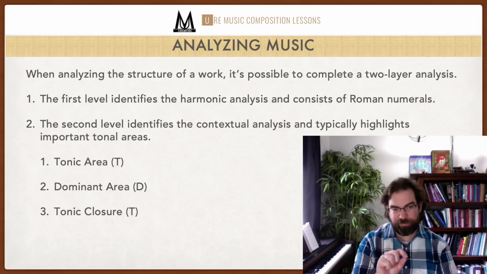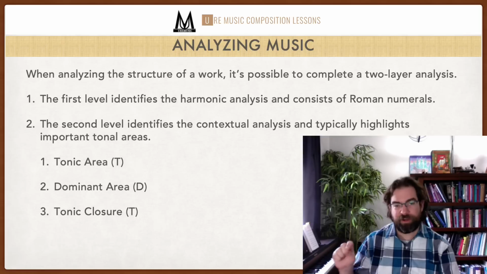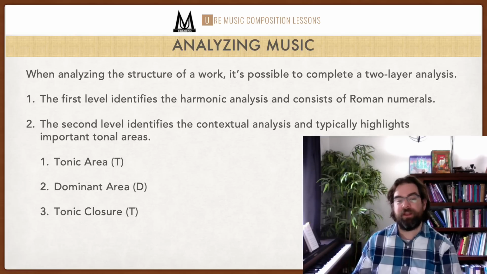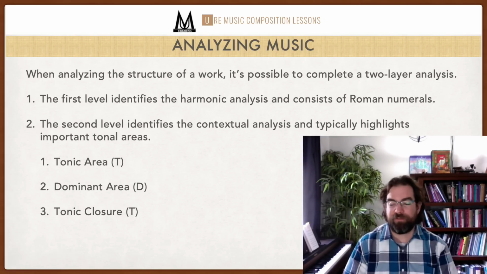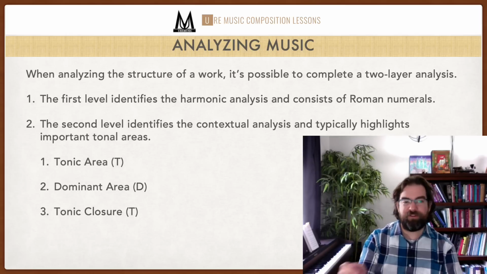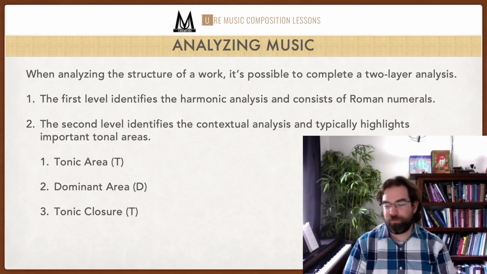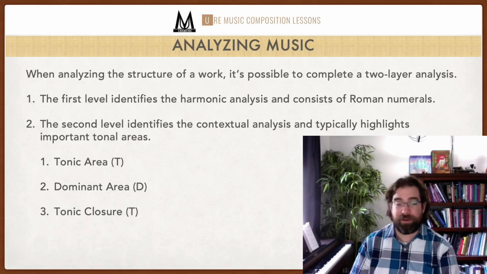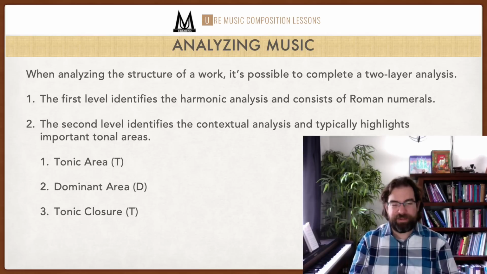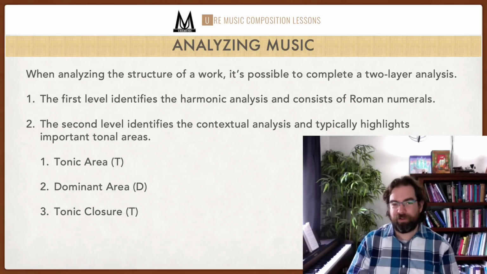So what you do first is you go through and try to analyze as many chords as you can. If you come across a chord that's confusing or you're not certain about, maybe just put a line underneath that chord and come back to it later, because what will often happen is once you get the really obvious chords, some of the other chords start to fall into place.